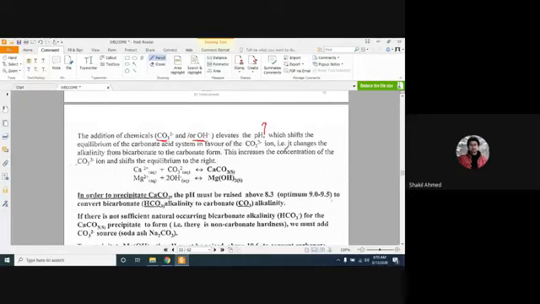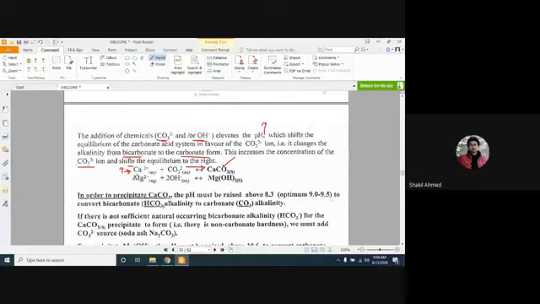As you know, with increasing pH, the alkalinity changes from bicarbonate to carbonate, and this increases the concentration of carbonate ion and shifts the equilibrium to the right. That means for calcium carbonate, if you increase the pH in this equation, then the carbonate ion will increase and the equilibrium will shift to the right, and you will get more and more calcium carbonate.